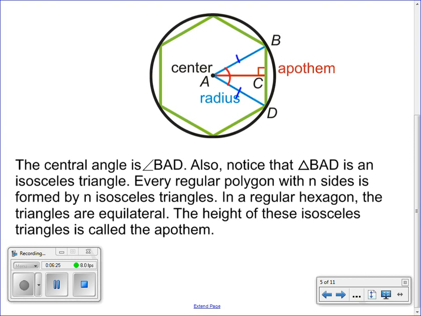And if we have an isosceles triangle, we know that the base angles are congruent to one another. Every regular polygon with n sides is formed by isosceles triangles. But if we have a regular hexagon, 6 sides, then the triangles are equilateral. The height of these isosceles triangles is called the apothem. Apothem is that red line that goes through. Again, let's take a moment so you can write this down.